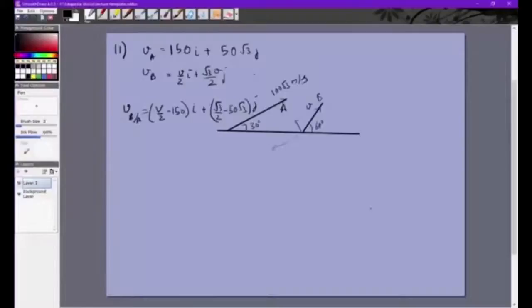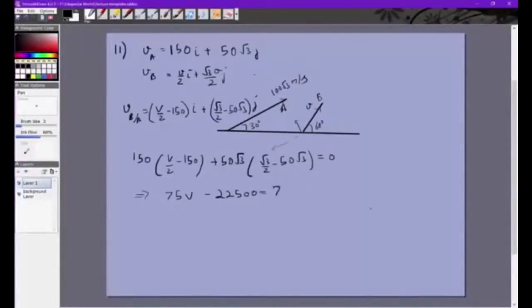And we are given that this vector is perpendicular to VA. So the dot product of this vector with VA should be 0. That means 150 times (V by 2 minus 150) plus 50 root 3 times (root 3 by 2 V minus 50 root 3) is equal to 0. Which means 75V minus 22500 plus 75V minus 7500 is equal to 0.